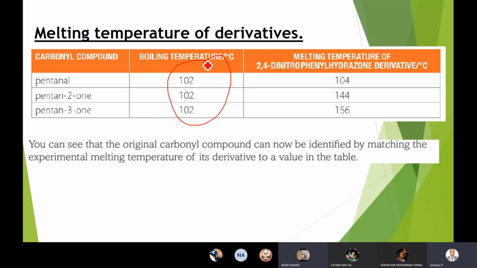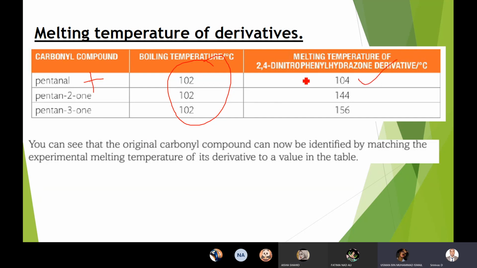So to avoid this, I have three different samples, but we are not clear which is pentanal, which is pentan-2-one, and which is pentan-3-one. So you add 2,4 DNPH to all these samples, collect the derivative, then check the melting point.